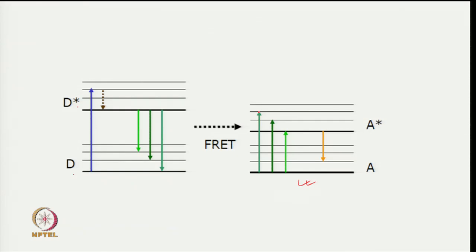The energy transferred to the acceptor is used to excite the acceptor molecule to the excited state, and when the excited molecule comes back to the ground state, there is emission. So there is a decrease in emission of the donor molecule and an increase in emission of the acceptor molecule.